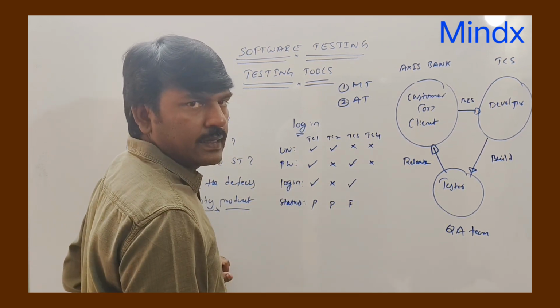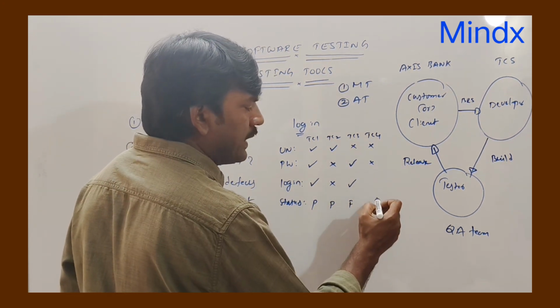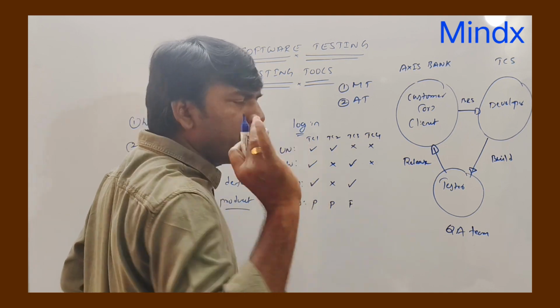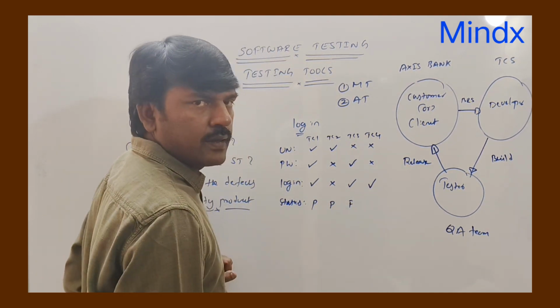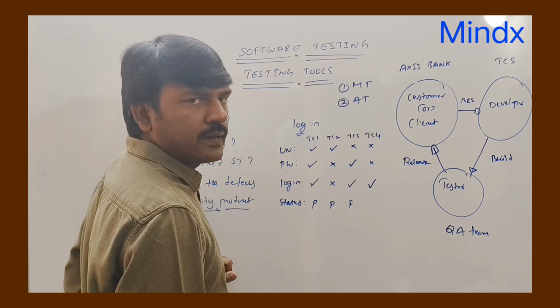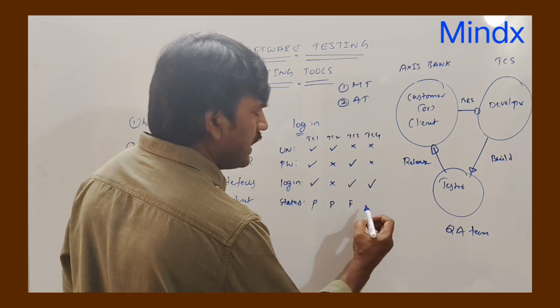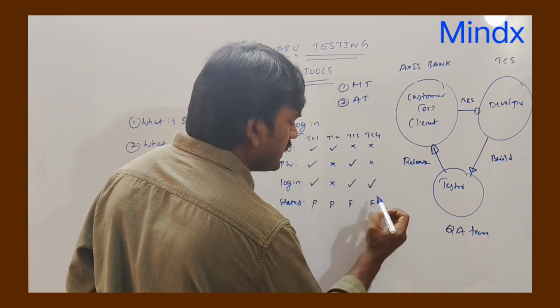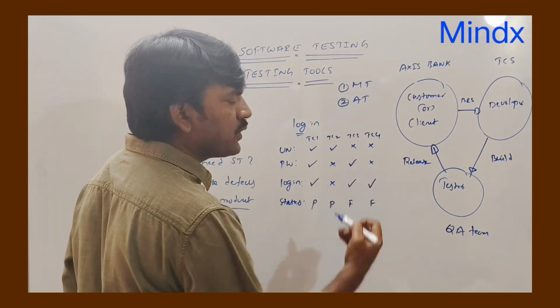Next, here what happened generally? There is no login. Now application is perfect. But yes, login is accepting. Invalid input given, valid output comes. Now that means here defect is there. Now status is failed. Why? Invalid input gives valid output.